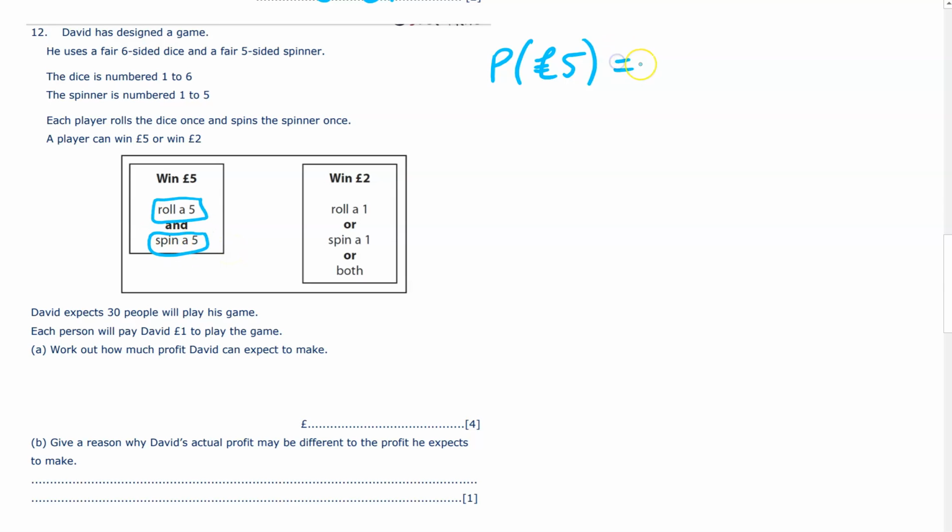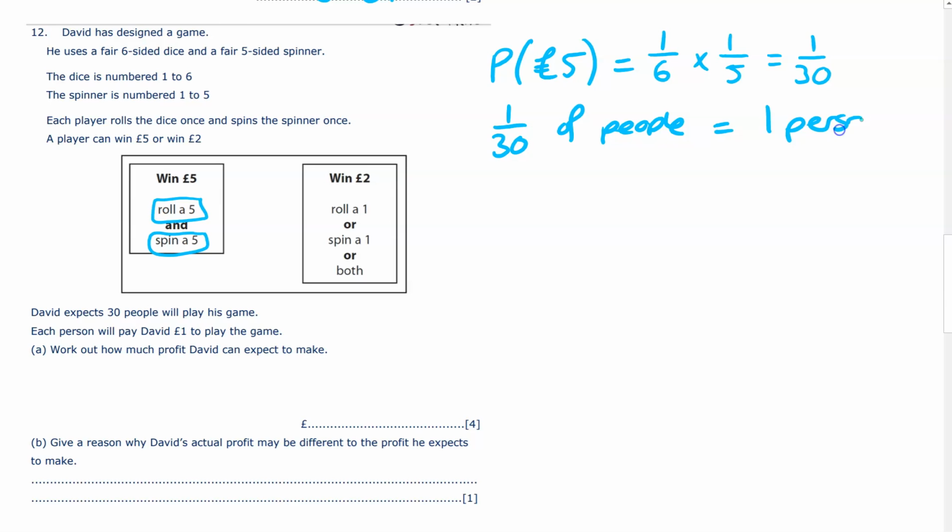So the probability of getting a 5 on the dice is 1/6. And the probability of getting a 5 on the spinner is 1/5. So that's 1/30. So 1/30 of the people, well, there was 30 people, so one person is going to win on average.